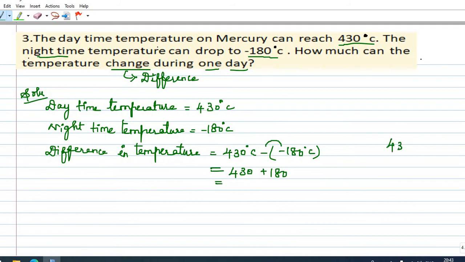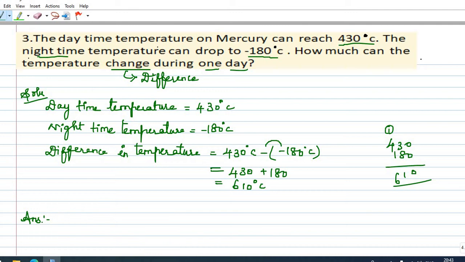When I am adding this 430 plus 180, what is that? 0. 3 plus 8 is what? 11. Again 1 carry over, which is what? 6. So, 610 degrees Celsius. Now, I am going to write the answer.